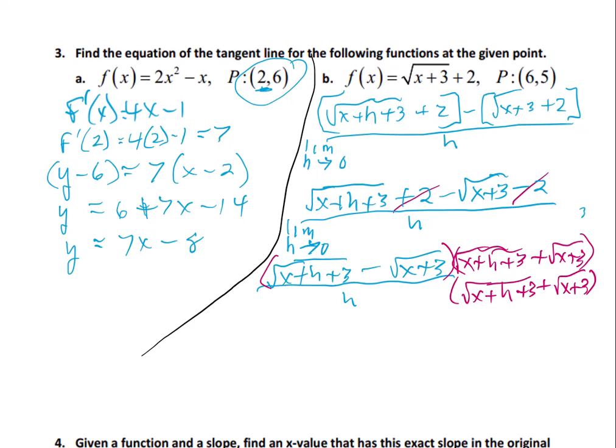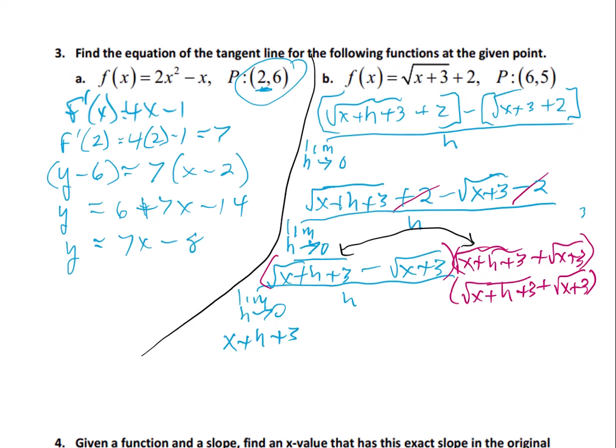On top, still talking about the limit, I've got this thing squared, which brings it out from under the radical. So I've got x plus h plus 3.